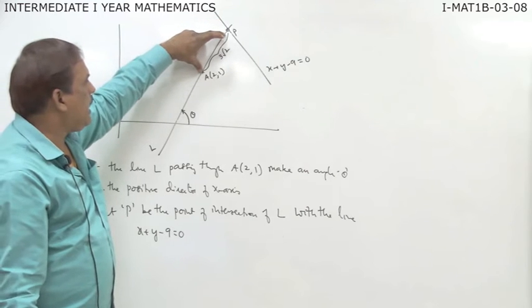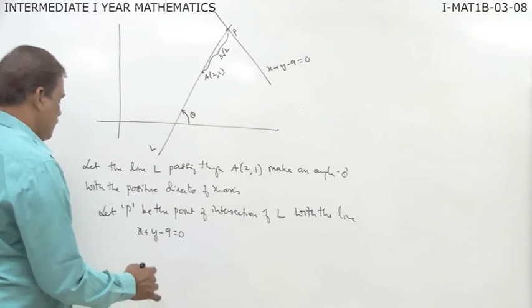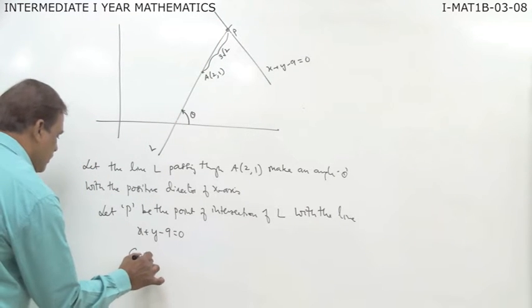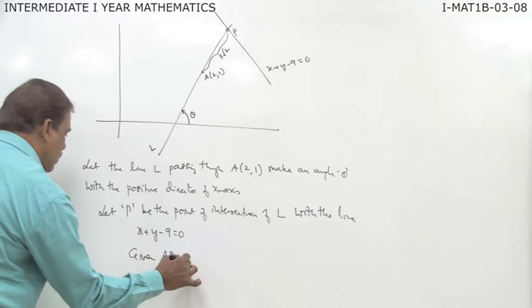వీడేమి ఇచ్చాడు మనకి AP is equal to 3 root 2 అని ఇచ్చాడు. Given AP is equal to 3 root 2.